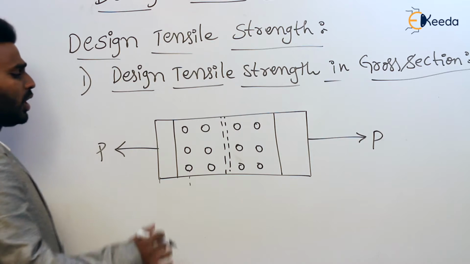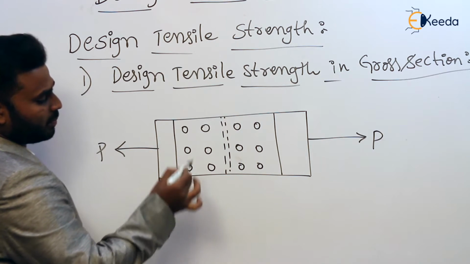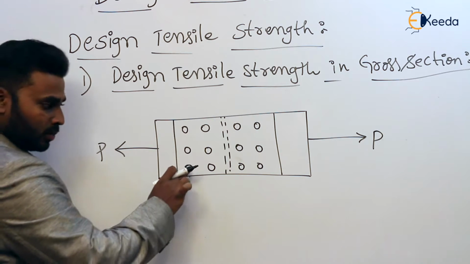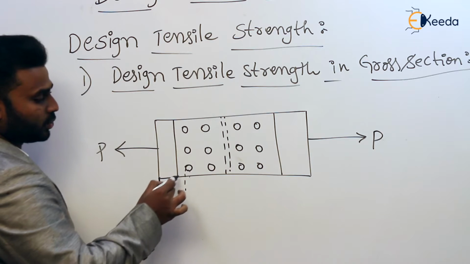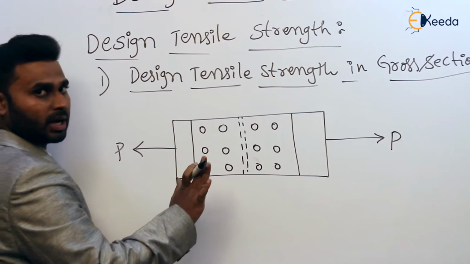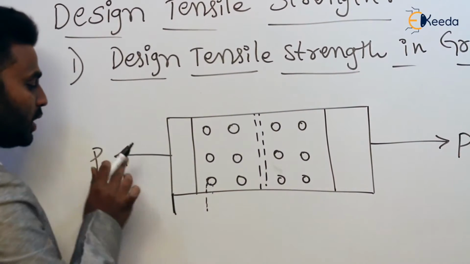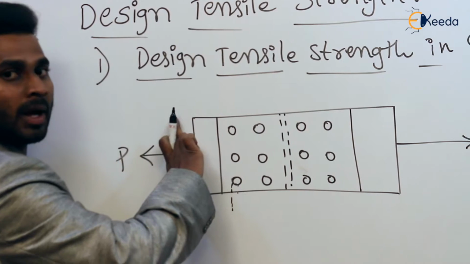Clear or not? So now, in transferring the load from this end till the beginning of the bolts, the bolts have not started yet. So till the beginning, the load P is taken by this plate or this member.